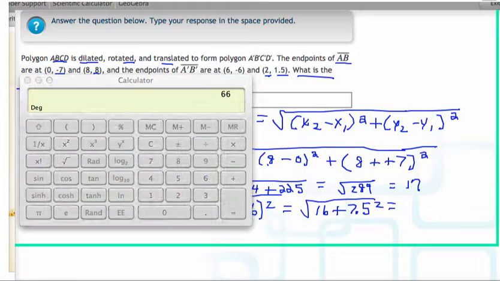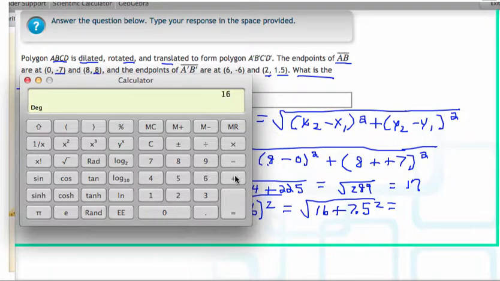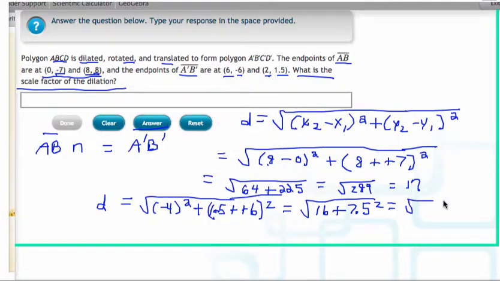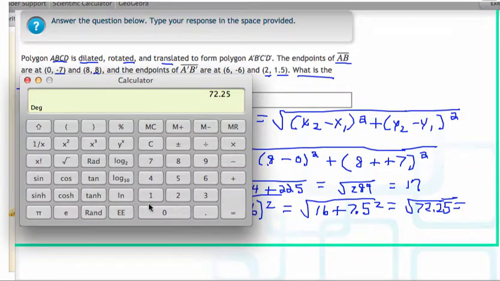So we'll just use our calculator for that. 16 plus 7.5 squared equals 72.25. And the square root of that is 8.5.